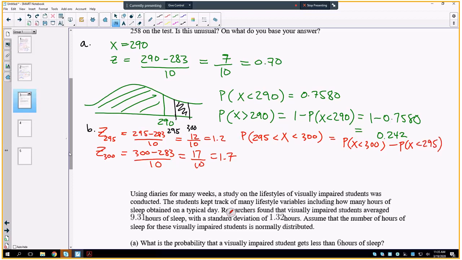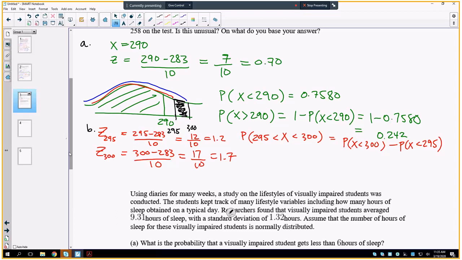Can you see that from the picture? Less than 300 should be all of this area, and less than 295, that much. So if I subtract them, I get what I want here in the middle.